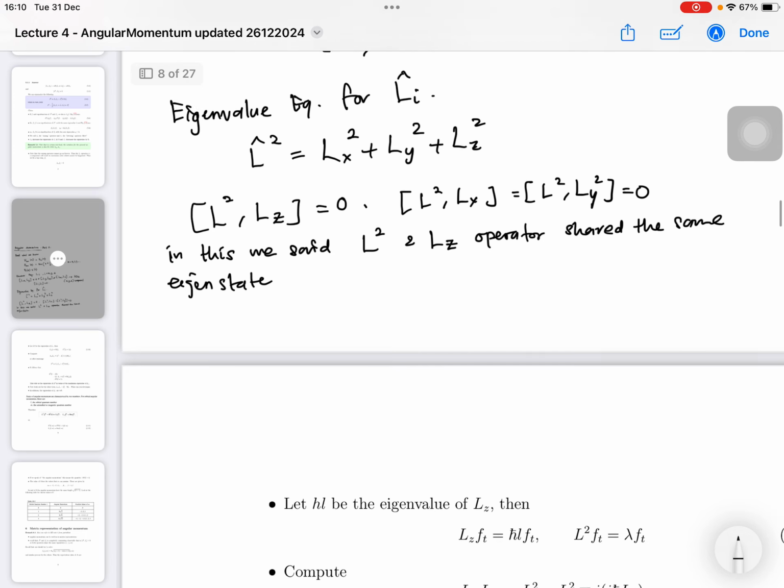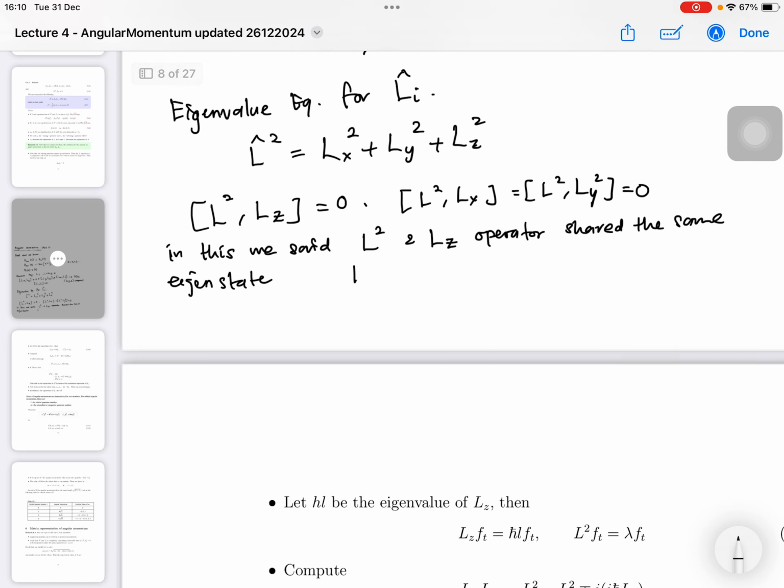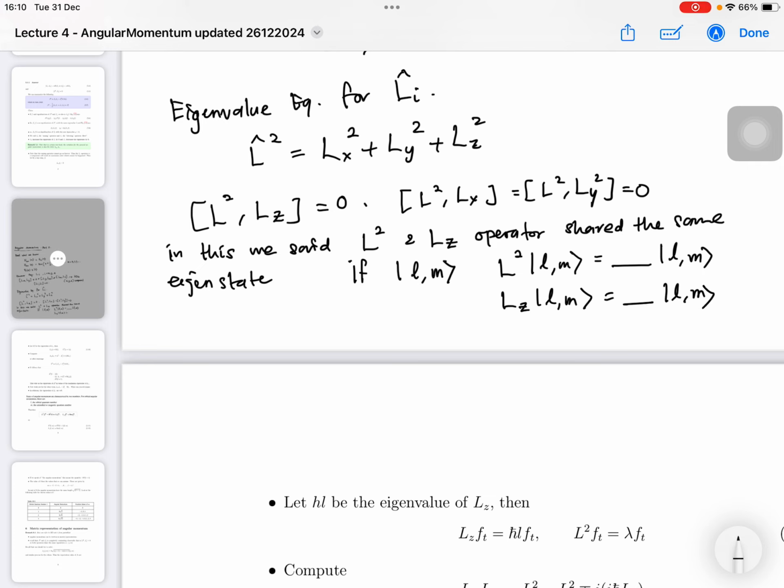It means that if you have an eigenstate labeled by l and m, then L squared acting on |l m> gives you some eigenvalue, and Lz acting on |l m> also gives you another eigenvalue. This is the key.